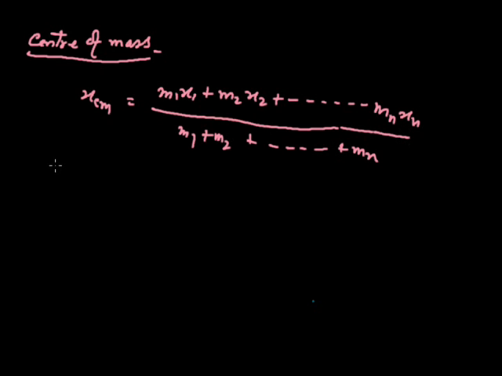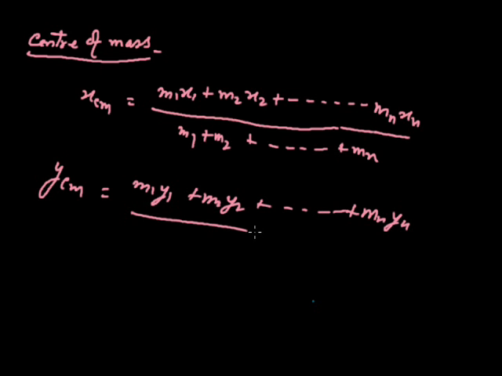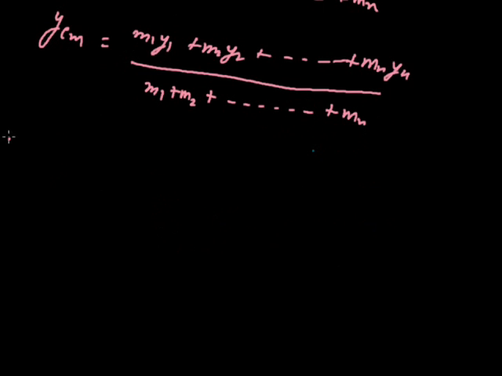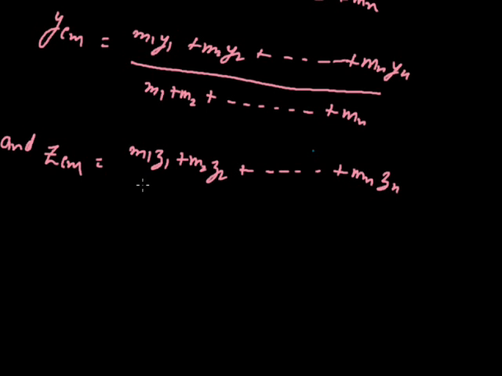Similarly, ycm will be m1 y1 plus m2 y2 plus mn yn upon m1 plus m2 plus mn, and zcm is m1 z1 plus m2 z2 plus mn zn upon m1 plus m2 and so on plus mn.